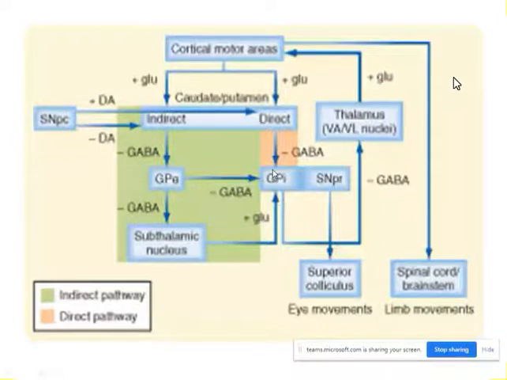What will happen to the production from the thalamus? If the production of GABA is low from here, obviously the production from the thalamus will be high. High, isn't it? So glutamate secretion will be high.